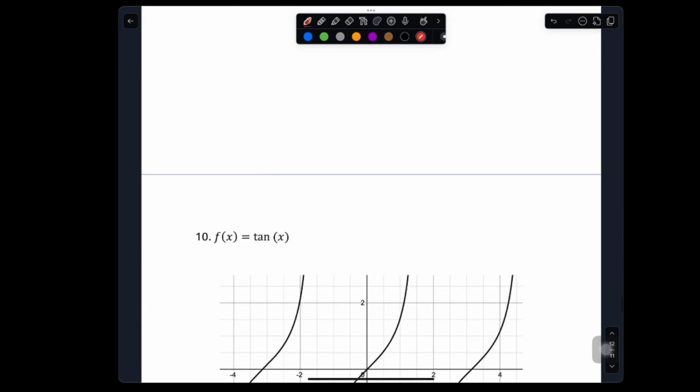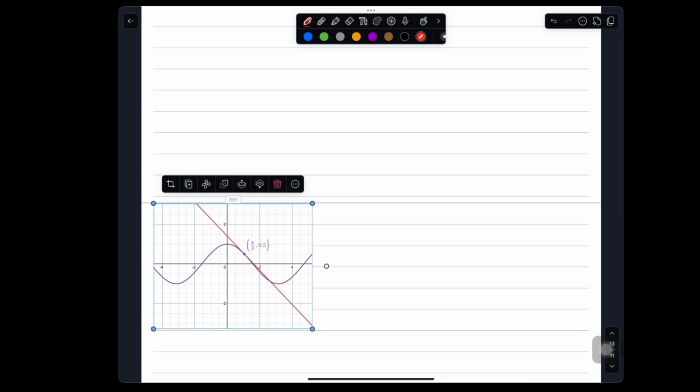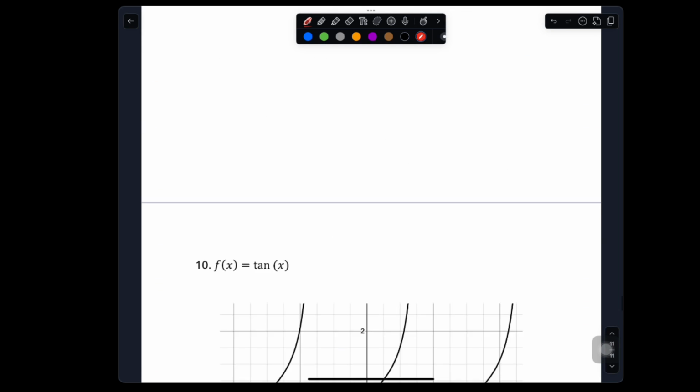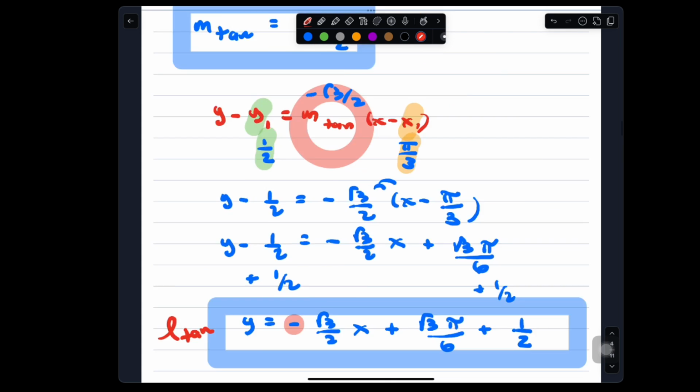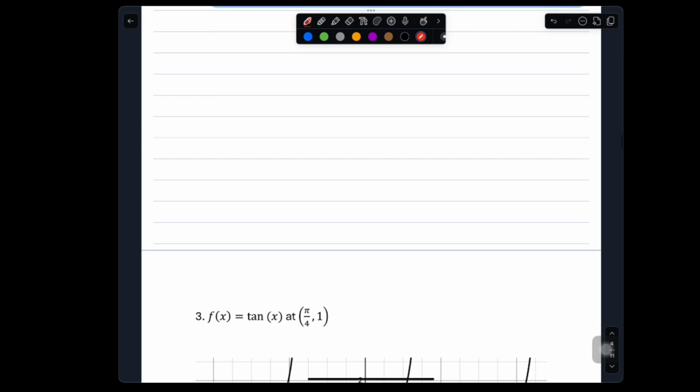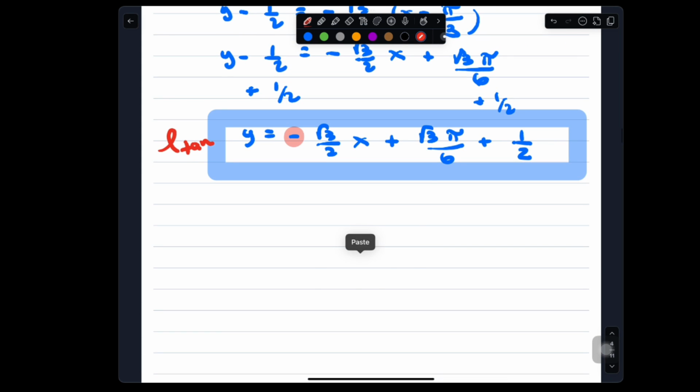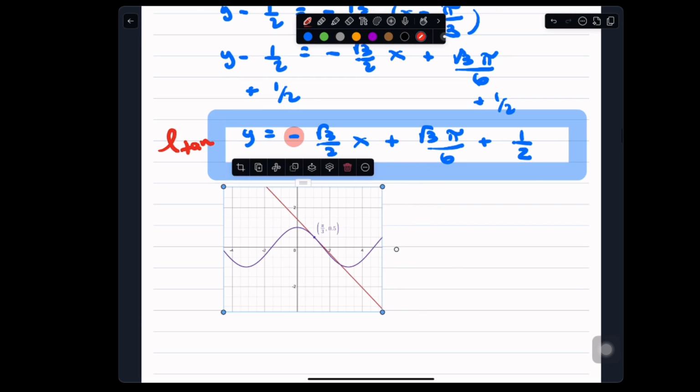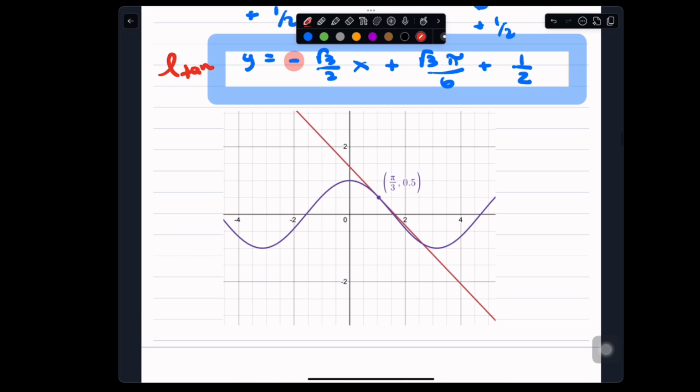Again, it's going to be all the way at the bottom. So this is the tangent line that they're talking about. So it actually looks pretty good to me.